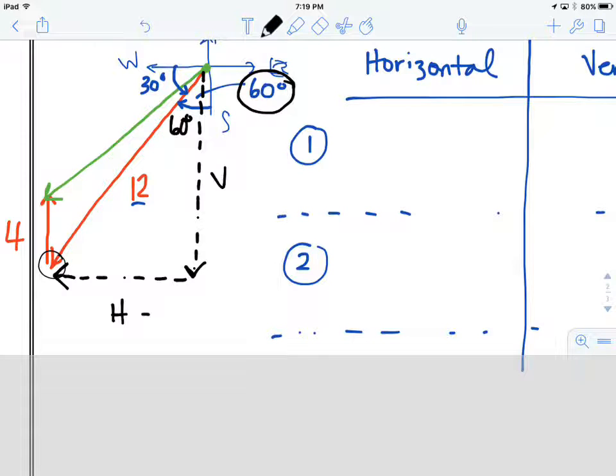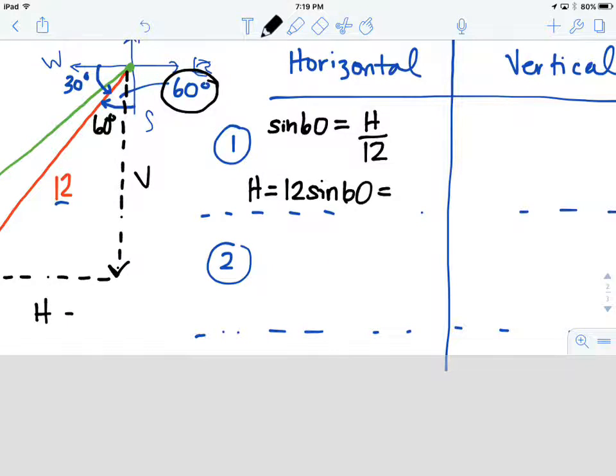So I've got sine of 60 is equal to the opposite side, which is the horizontal component, over 12. And I can rearrange and I can say h is equal to 12 sine 60. And if I do this calculation, 12 sine 60, I get 10.4 meters. It's in the south direction, right?